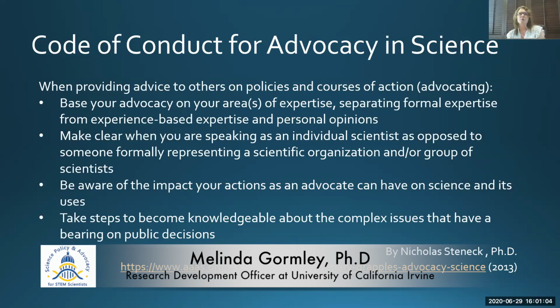Take the second bullet point about making clear who you represent when you speak. When you work for a federal agency, if you go to a professional meeting, your name tag says that you work for that agency. So when I worked for the U.S. Environmental Protection Agency, I was at the scientific meeting as a representative of EPA, and everything that I did during that meeting reflected something that the EPA stood for and supported.